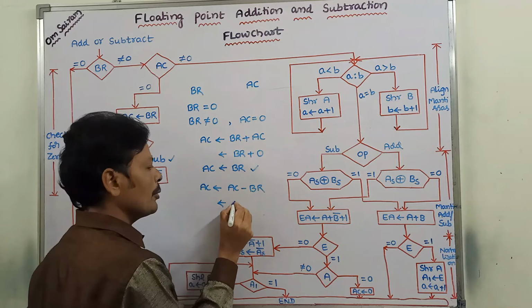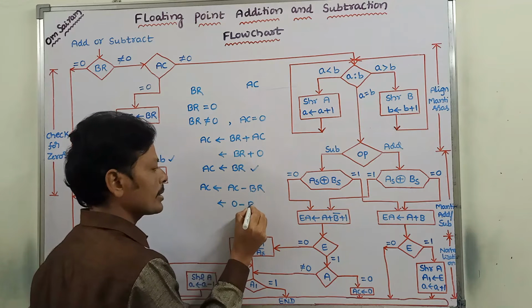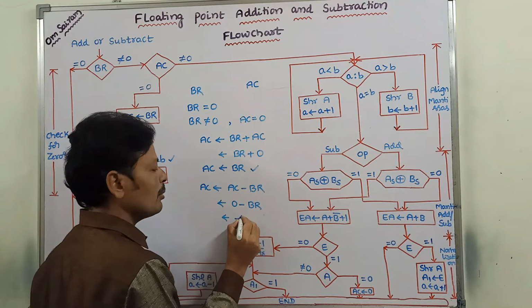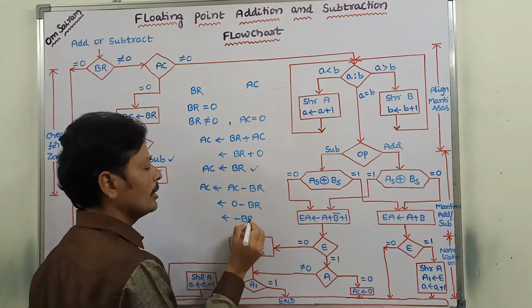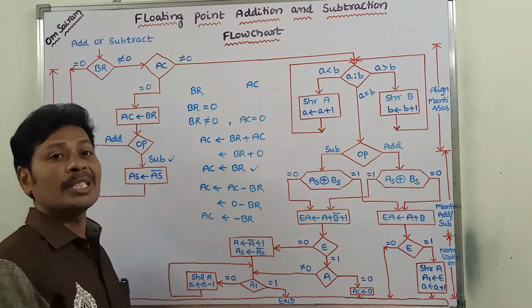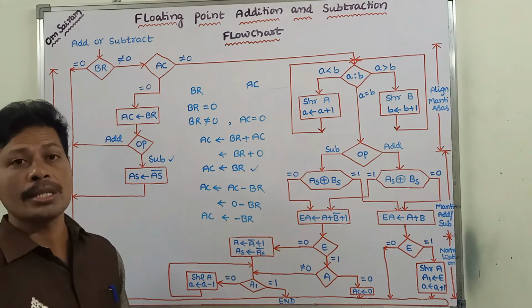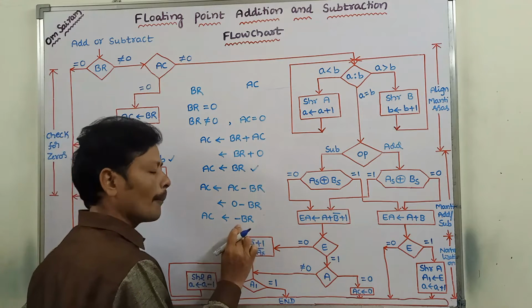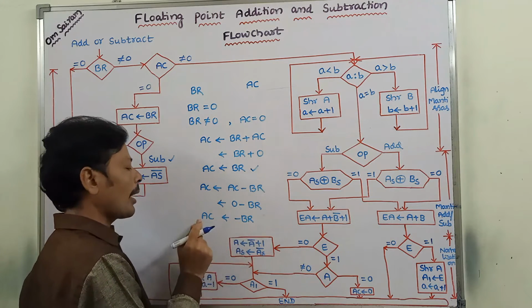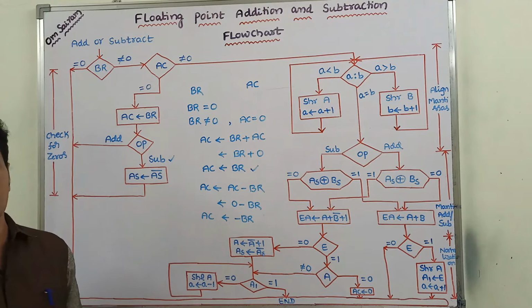So AC value 0 means 0 minus BR, and 0 minus BR is nothing but minus BR. Then whatever the value present in the BR register is complemented, and that complemented value is transferred to the AC register.